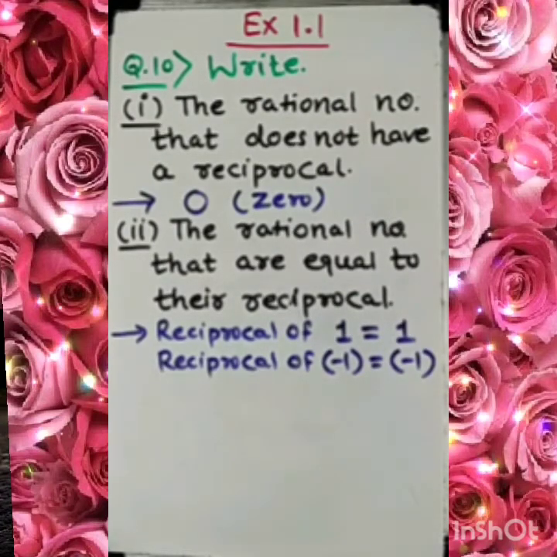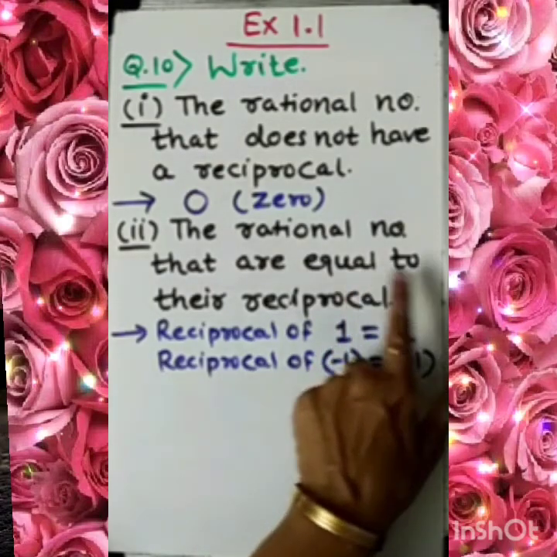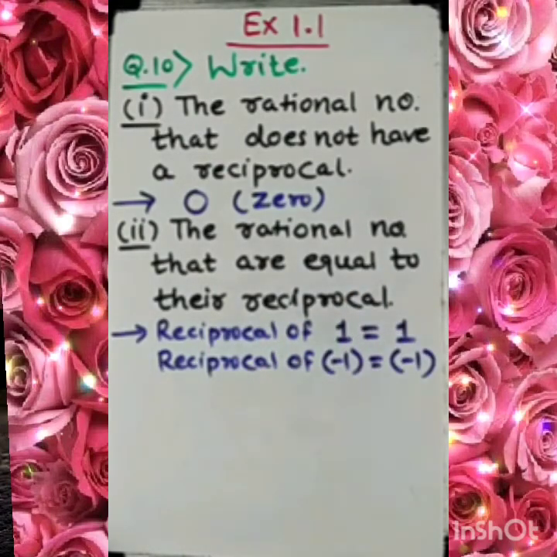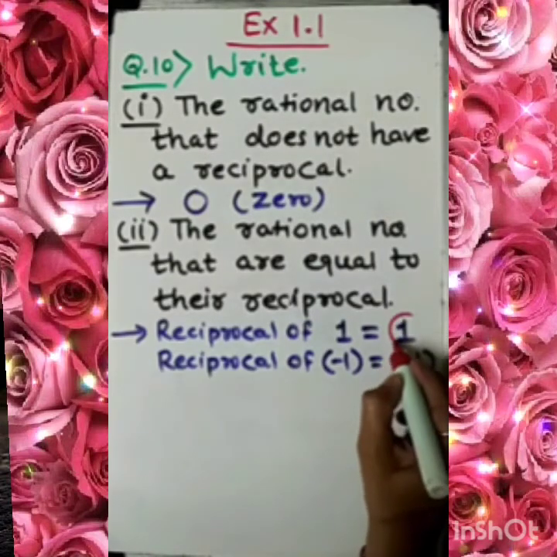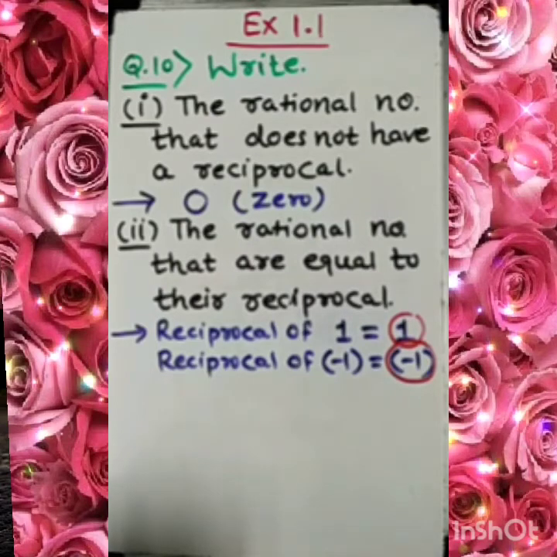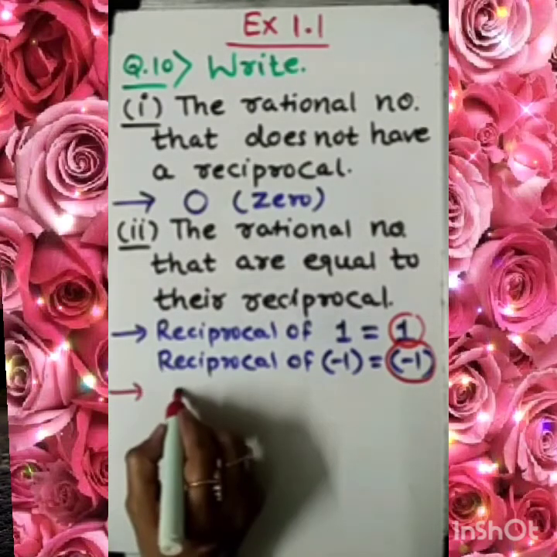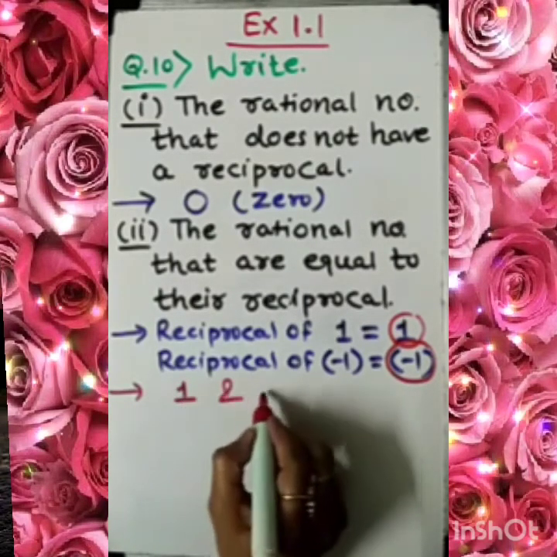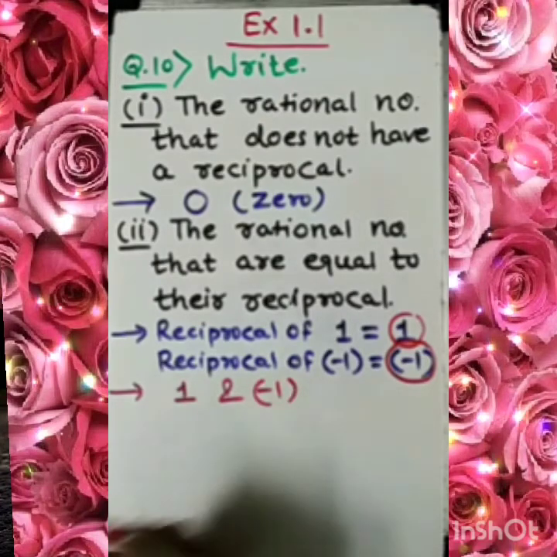So the rational number we have to give, which is equal to its reciprocal, means the number remains the same and its reciprocal is also the same. So 1, its reciprocal is 1, and minus 1, its reciprocal is minus 1. So the answer is 1 and minus 1. These are two numbers. You can mention the answer individually also.